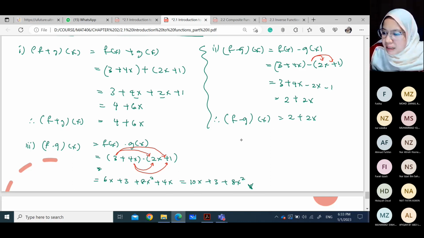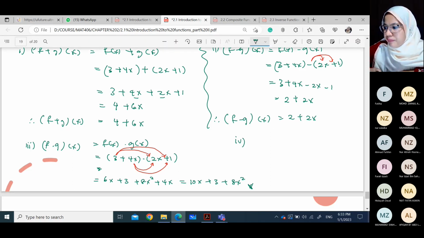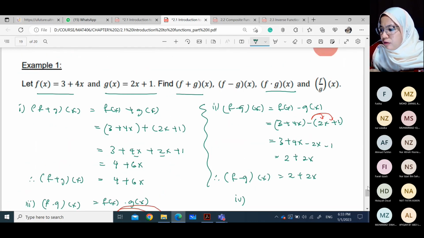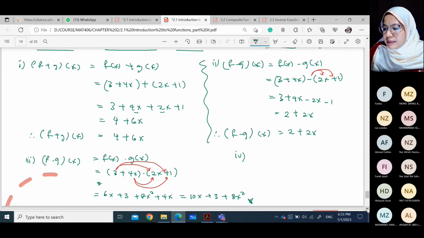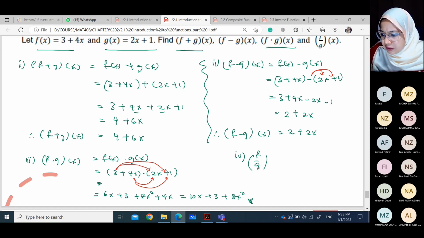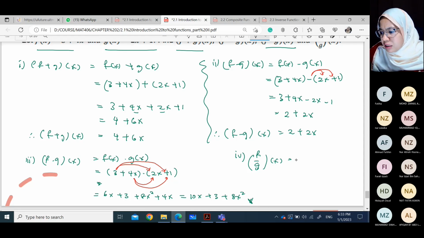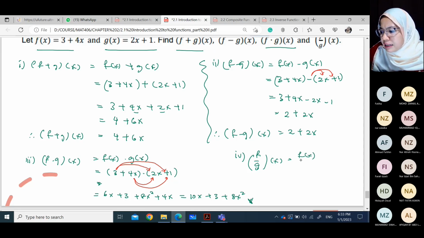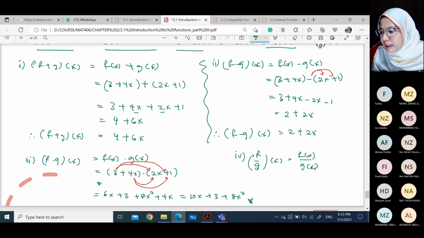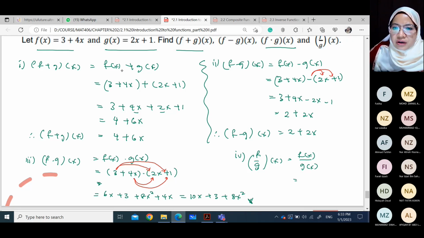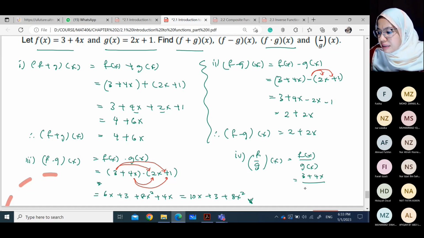Okay, last kali. (f over g)(x). Sama juga dengan f of x over g of x. So we take the function f, which is 3 plus 4x, divided by g of x, which is 2x plus 1.